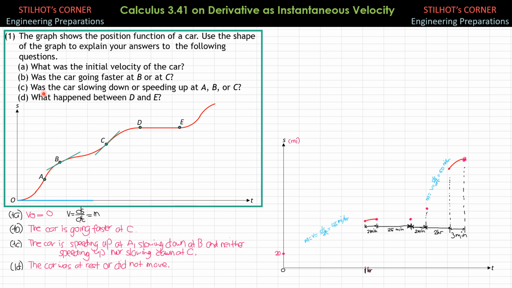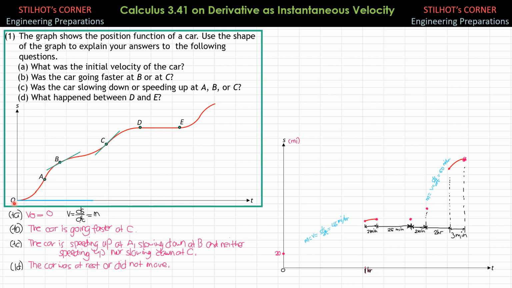Then third, was the car slowing down or speeding up at A, B, or C? So at A to B, the tangent at A is greater, meaning the instantaneous velocity at A is higher, then at B it's lower. So from A to B, the car is slowing down.